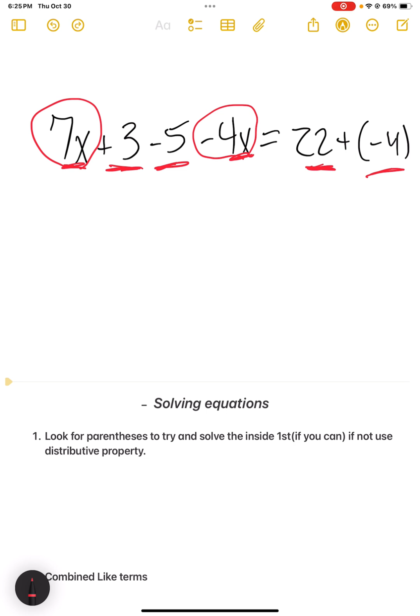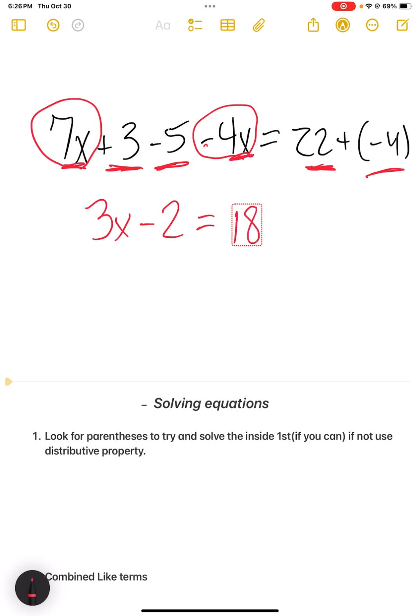So if I combine like terms here, make sure when you combine like terms, you read properly from left to right. So that would be 7x minus 4x, which would give me 3x. Then 3 minus 5, which I didn't have enough, so that's a minus 2 or a negative 2, is equal to 22 plus negative 4, which would give me a positive 18.